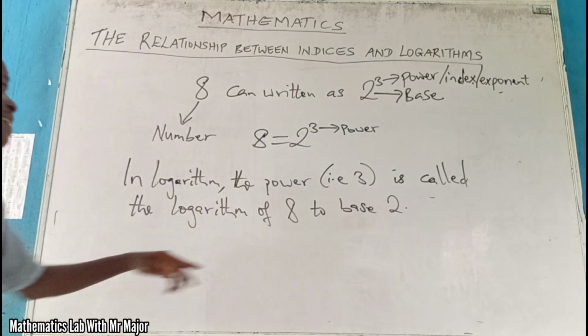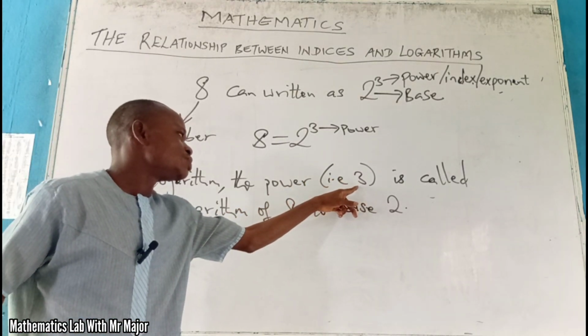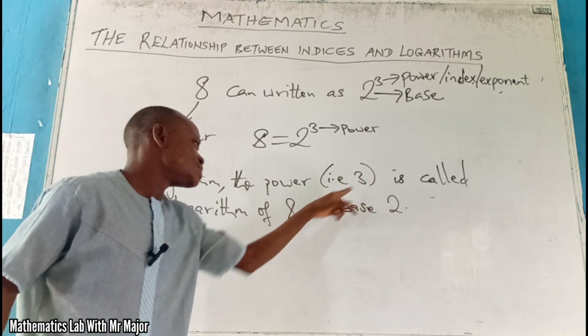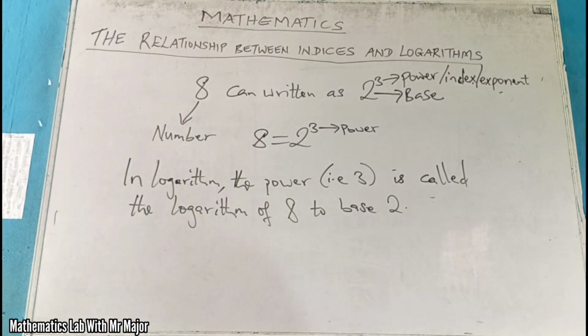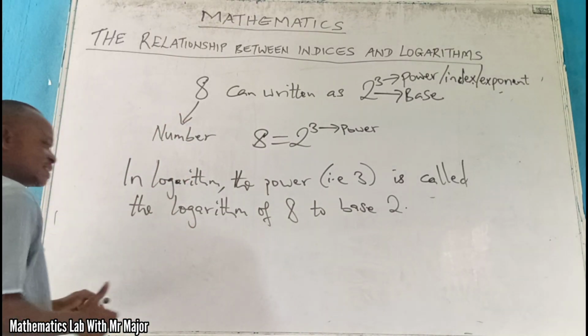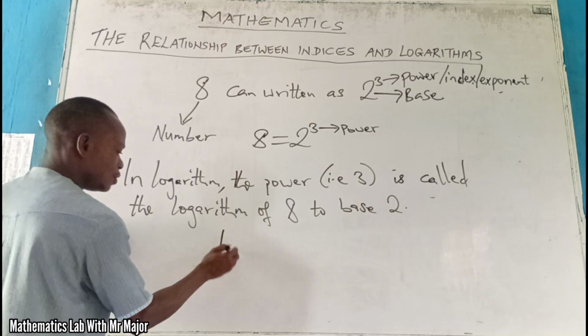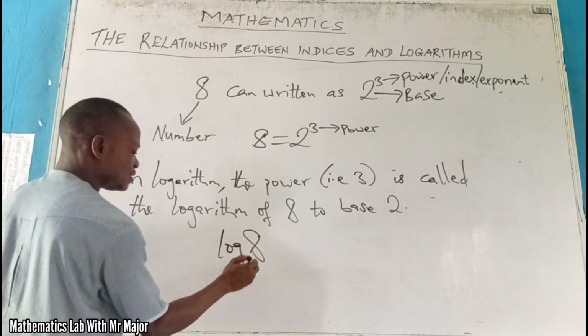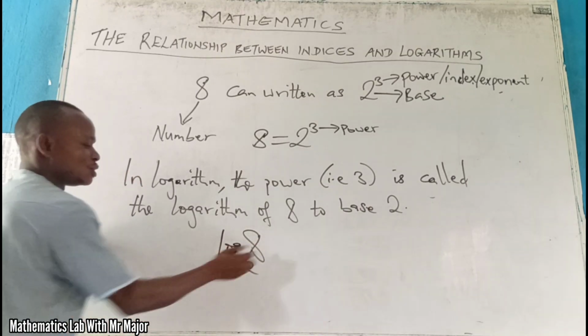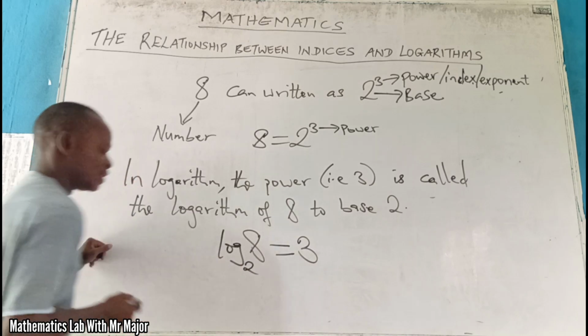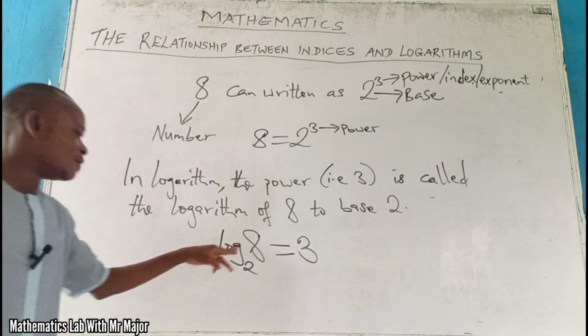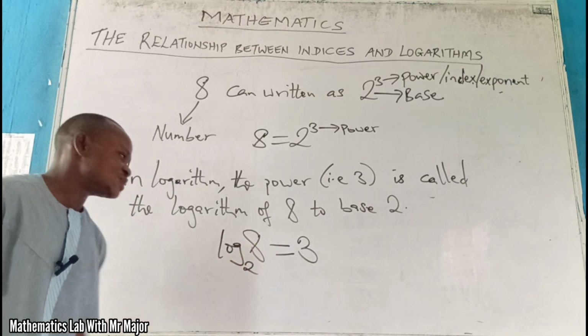That means the power to which 2 must be raised to give you 8. And this is how we write it in logarithm: the logarithm of 8 to base 2 is equal to 3.